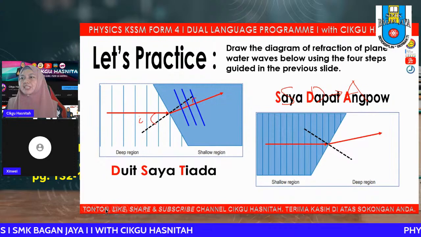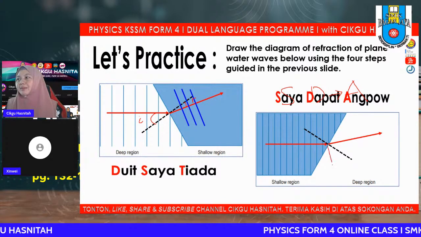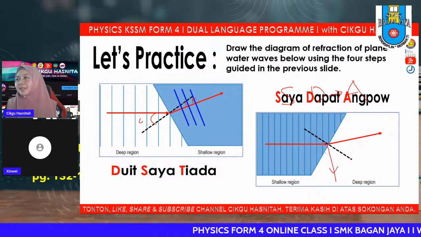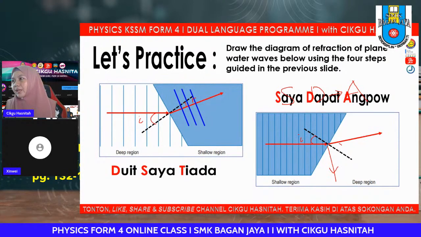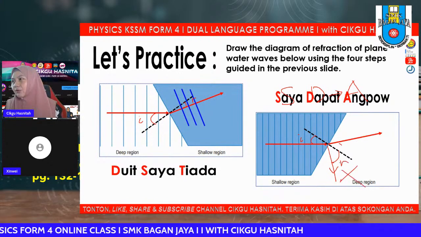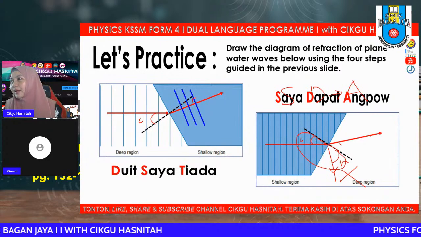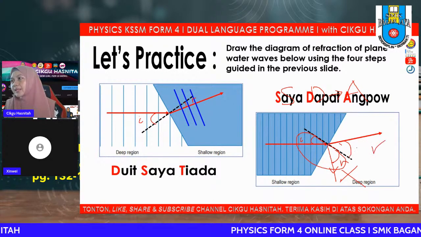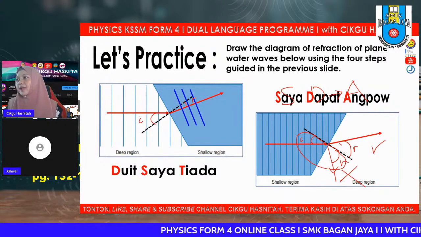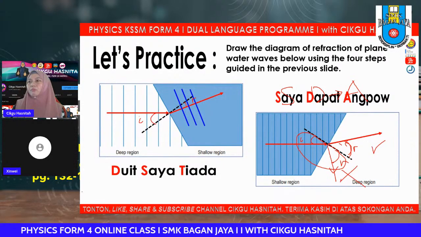You jangan lukis di sebelah sini. Kalau you lukis di sebelah sini, you tengok tak dia dua-dua sebelah yang sama, which is wrong. Dia dua-dua on the left side. So you must look at the opposite side with I. So this is the correct place to draw R, and it is away from normal.